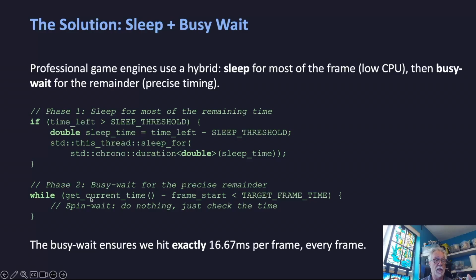And so then I get this. So this is my frame time, the current time. And so this exits precisely at the right time. So what I have here is a very highly accurate guarantee that I'm going to get 16.67 milliseconds per frame, every frame.